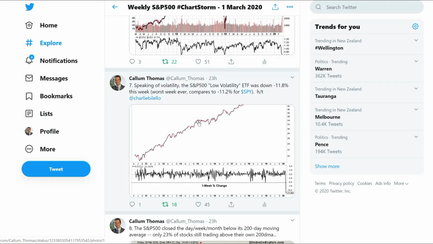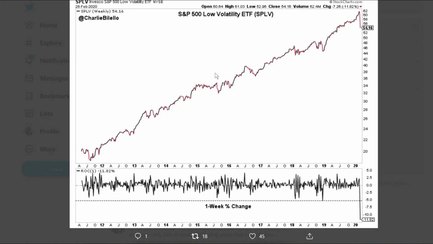Here's an interesting one. This is the low volatility ETF. If you like factors, this is one of those factor ETFs or styles. I kind of treat these sorts of things with a bit of skepticism.